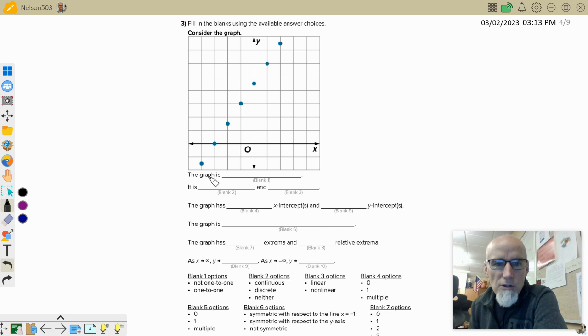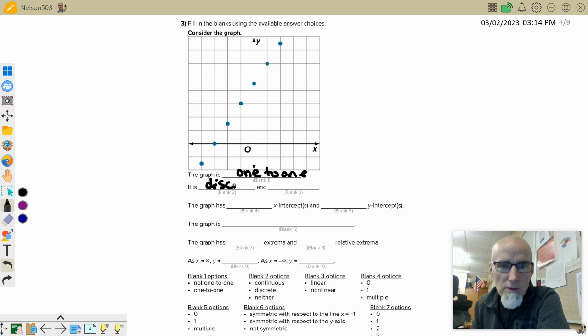This is definitely a discrete graph. Oh, wait. First, we got to do this. It's one-to-one. And it is discrete because it's just a bunch of points. Discrete. And is it linear?